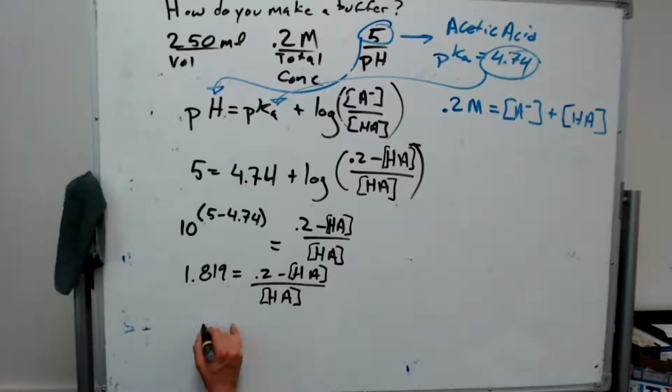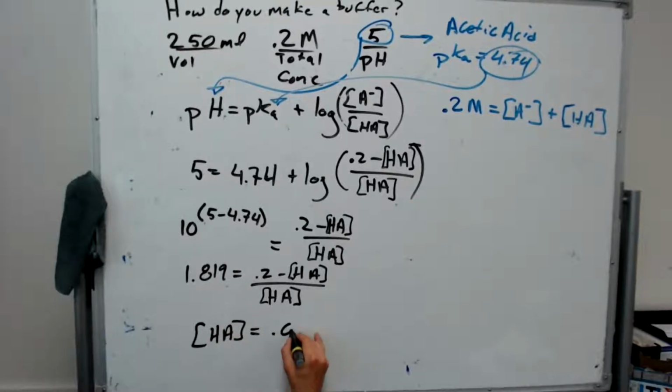But what's my concentration of HA? 0.07. Yeah, 0.07. I feel like my basic algebra somehow is lower than I was expecting. Should I ask the concentration?